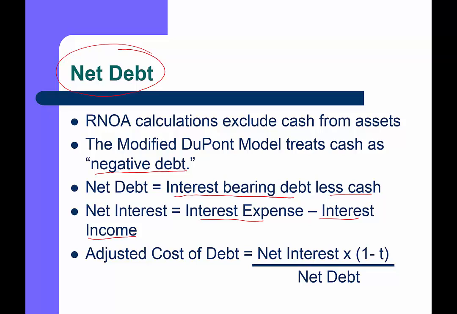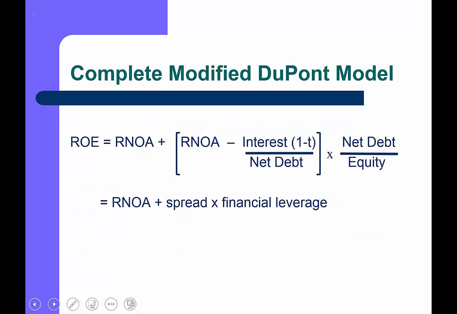And so we have an adjusted cost of debt, which is net interest times 1 minus the tax rate divided by net debt. And so we redefine our cost of debt here. This complete modified DuPont model looks like this.